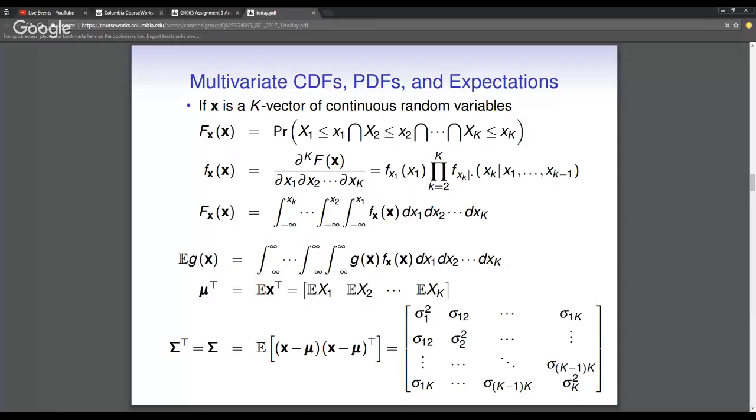Another expectation, which is a little bit harder to wrap your heads around, is the expectation of the outer product of the quantity x minus mu, where outer product is quantity x minus mu times quantity x minus mu transpose.